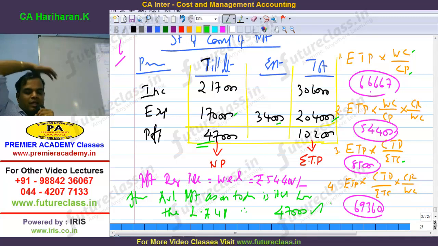However, available profit as on today is itself less than the least of the above 4 profit. Therefore, profit to be recognized in the P&L account is restricted to notional profit of rupees 47,000.